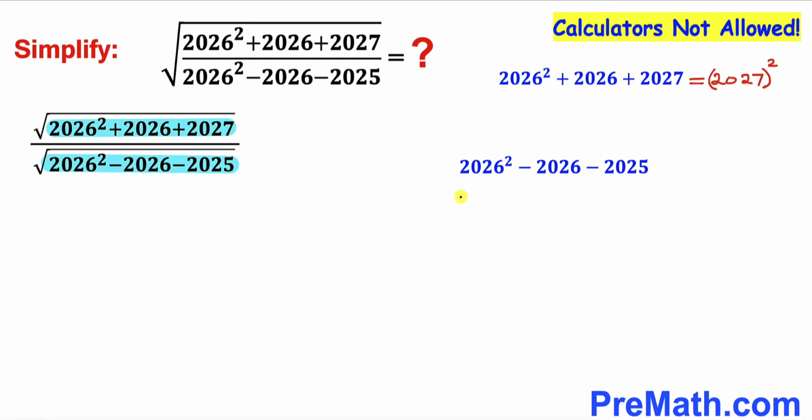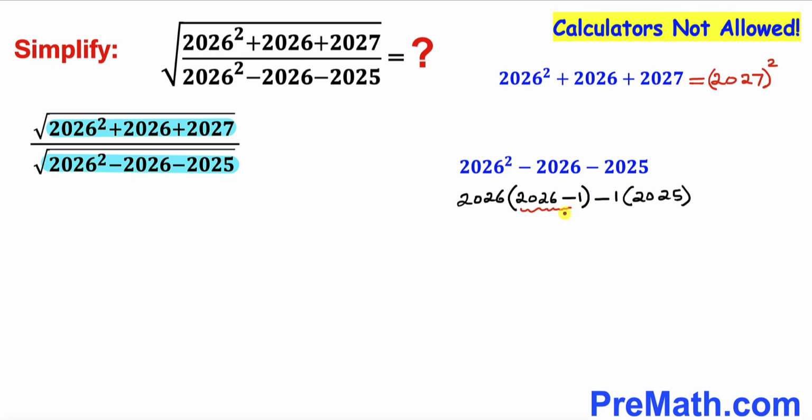So therefore I could factor out 2026 and inside the parentheses we ended up with 2026 minus 1. And let's focus on this minus 2025. I can write this as 1 times 2025.